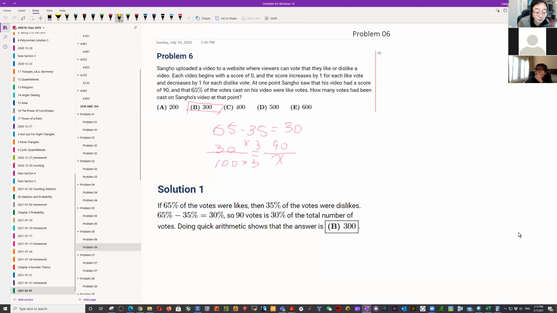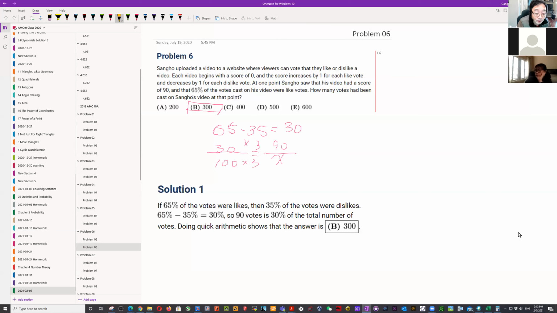So if you have 65% voted like, then the remaining 35% don't like it. So we have to take that into consideration. The combined effect of 100% voting, you got 30 favorite points. So 30 over 100 is the ratio of score versus total people voted.